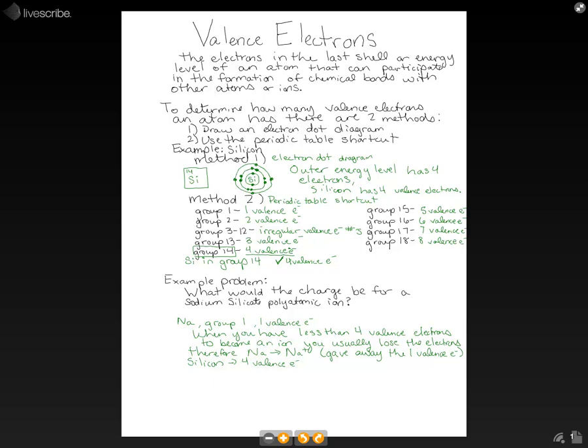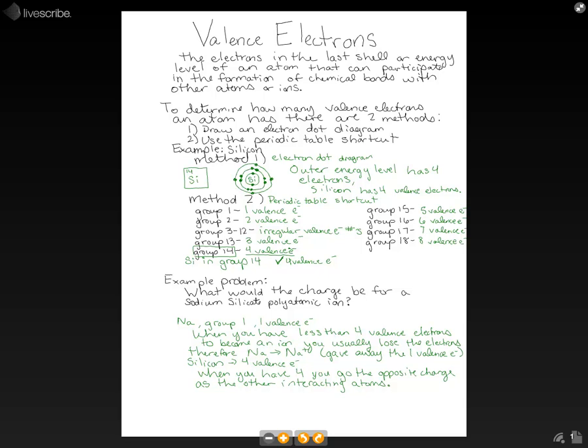And whenever you have 4, you go the opposite charge of your other interacting atoms.